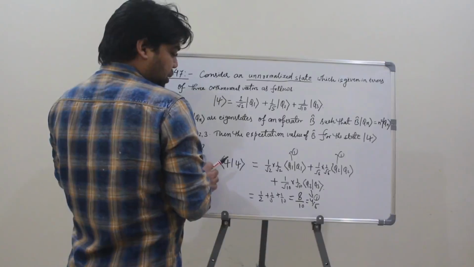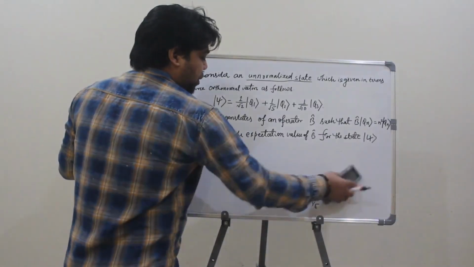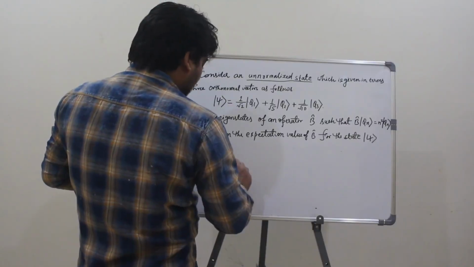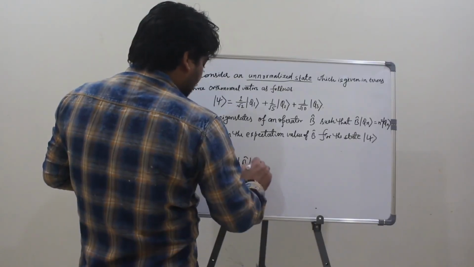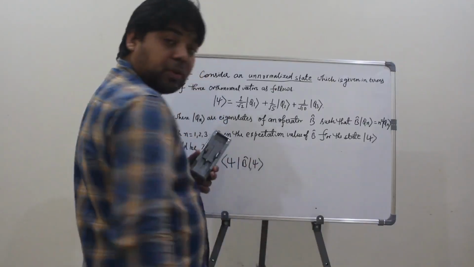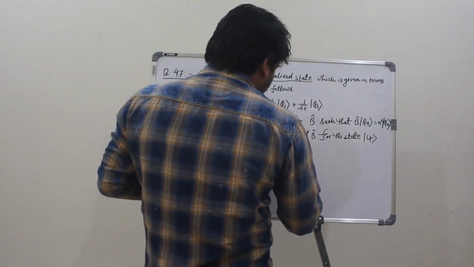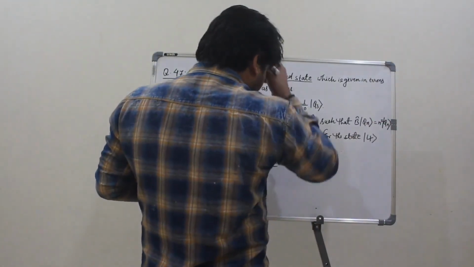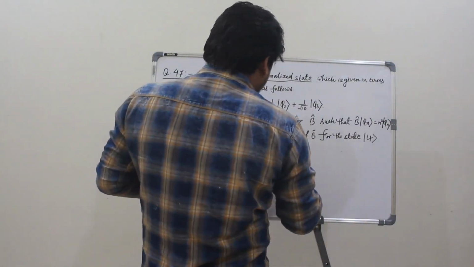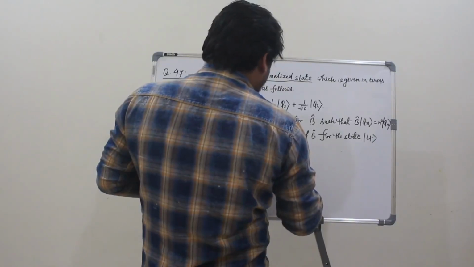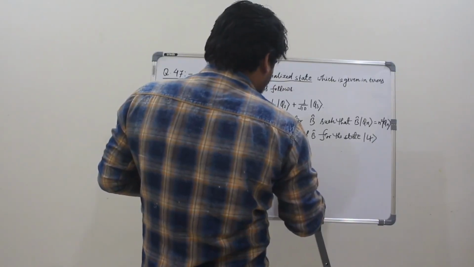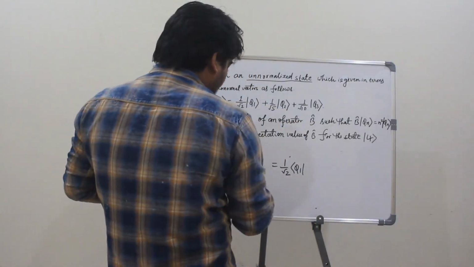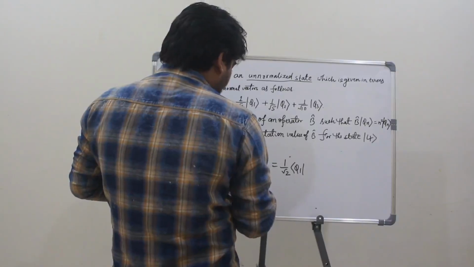Now to find the expectation value of B, we will simply compute <psi|B cap|psi>, divided by <psi|psi>.